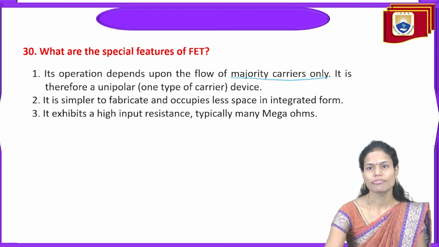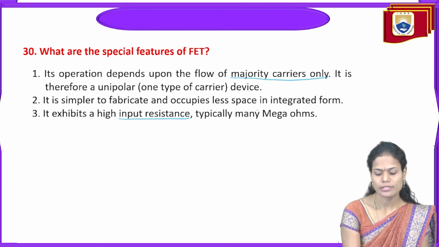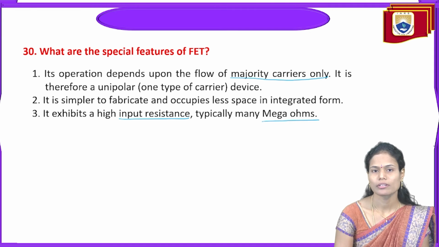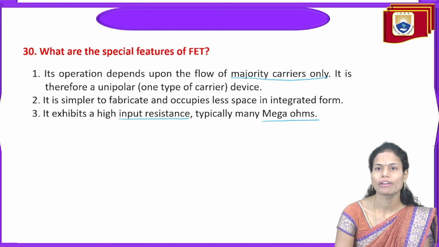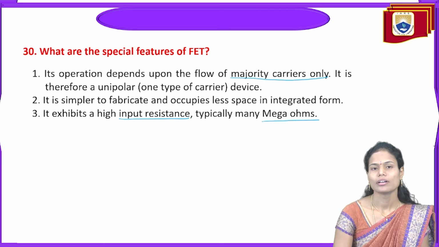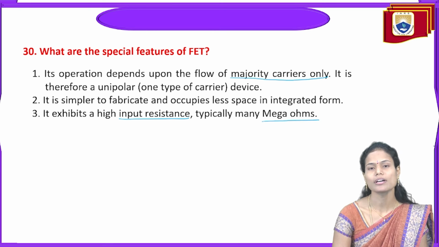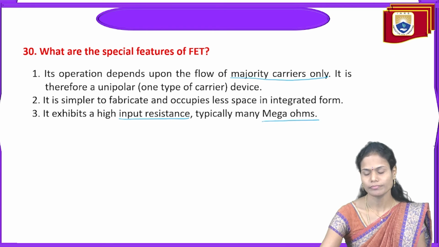It also exhibits very high input impedance, mostly in megaohms. It is a very big advantage of the field effect transistor, providing very high input impedance compared to the bipolar junction transistor. And on ICs it takes very little space, and we can easily fabricate these field effect transistors in IC forms.